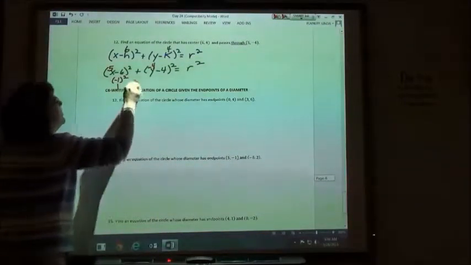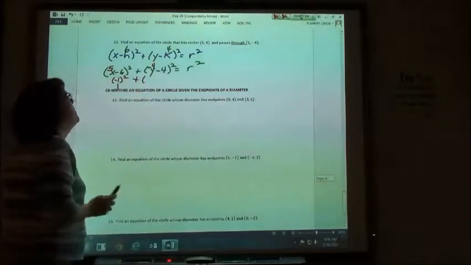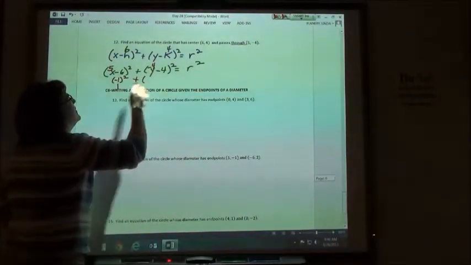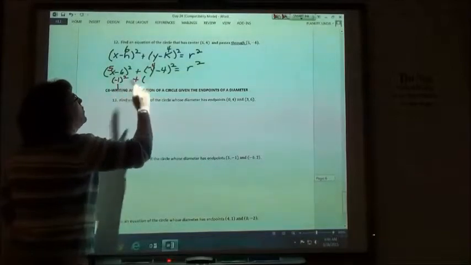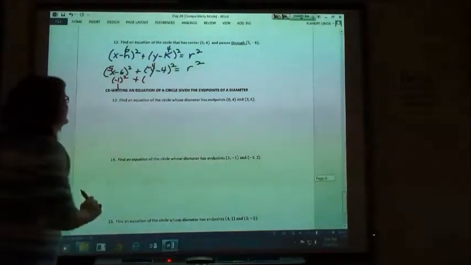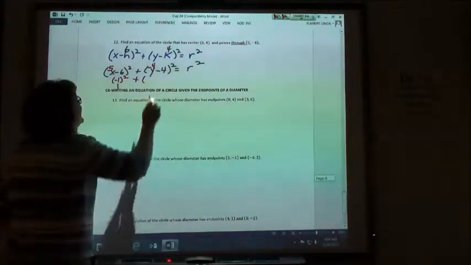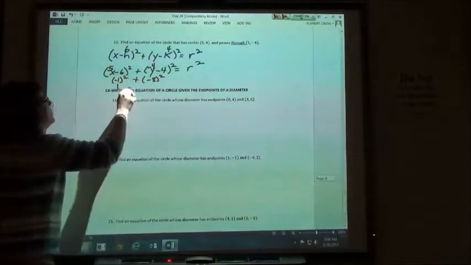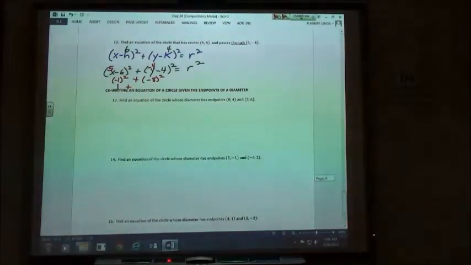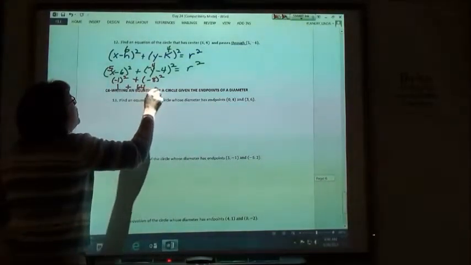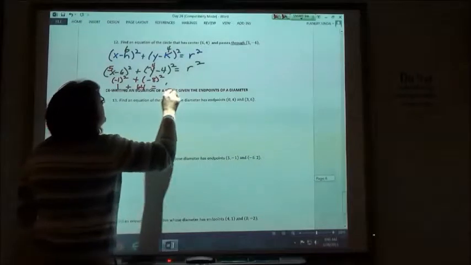Plus negative 4 minus 4, right in the parentheses, so it's going to be negative 8. Negative 8 squared equals 64. So 1 plus 64 is 65.